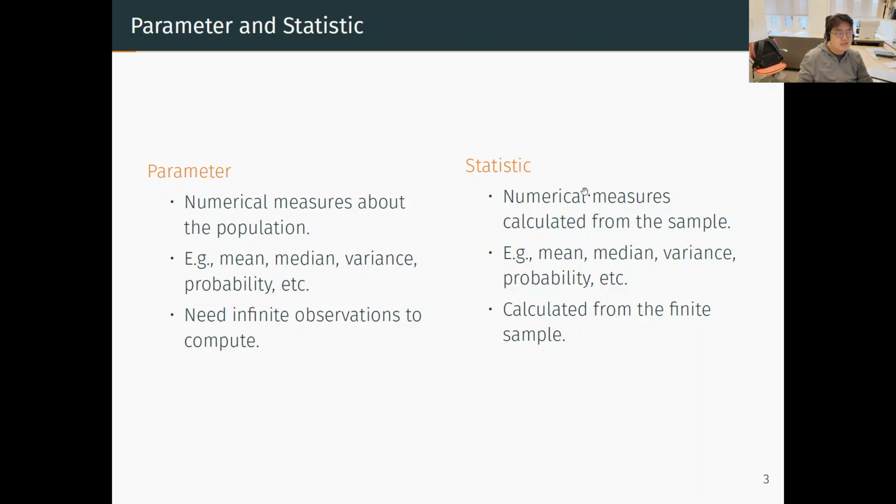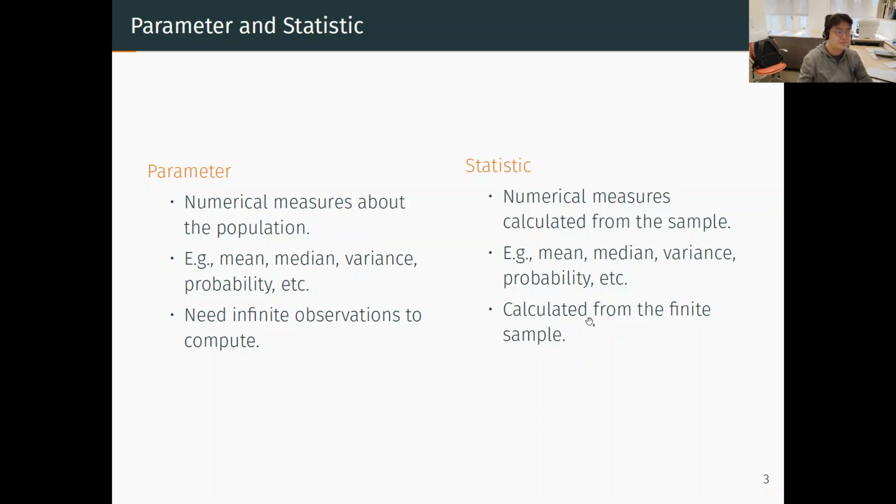On the other hand, a statistic is a numerical measure calculated from the sample, right? It can also be mean, median, variance, probability, whatever you can calculate. But the difference is it is tangible. You observe it. It is based on your observations. So you have a specific, concrete number, right?